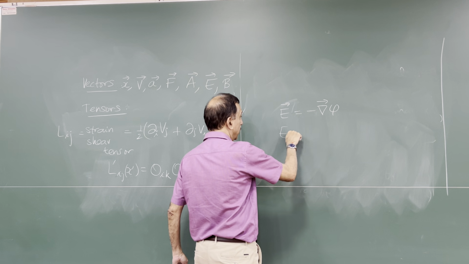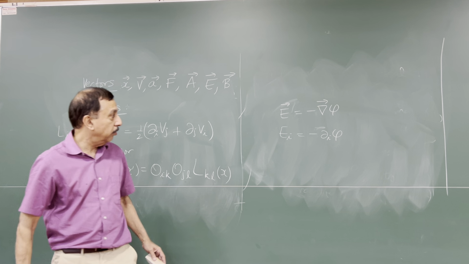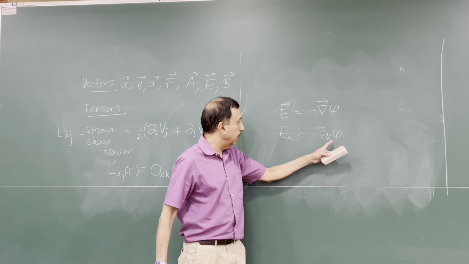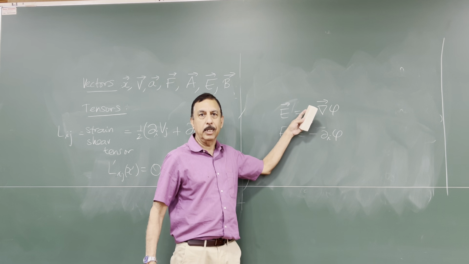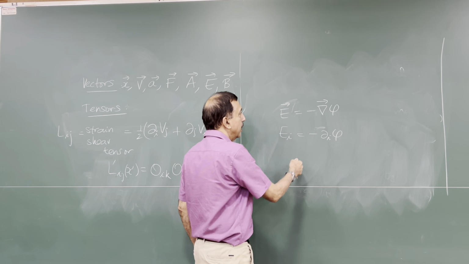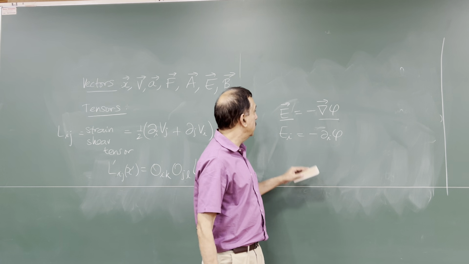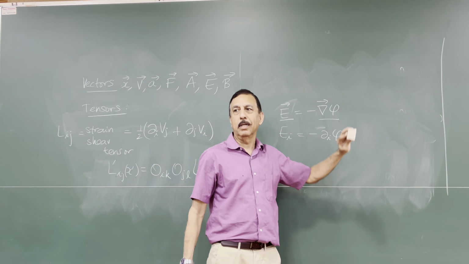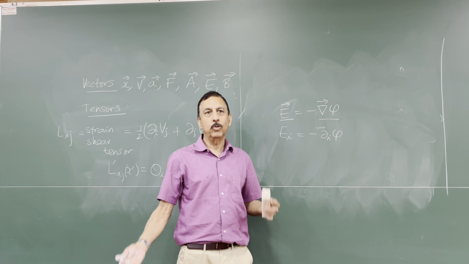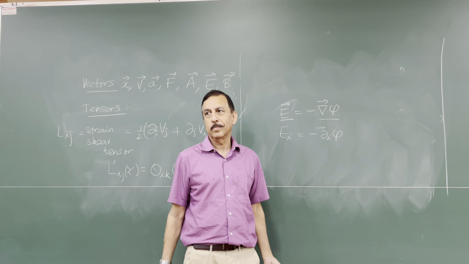So if I write it in index notation, which I favor, this is me now, I know it. 2 minutes and we are done. I hope it's clear the relation between this and this. It's exactly the same thing. So if I write this, it can only make sense because this is a vector and this is a vector. I can't have any equation where the left side is a vector and the right side is a tensor. If two things are equal, they must be both scalars or both vectors or both tensors.